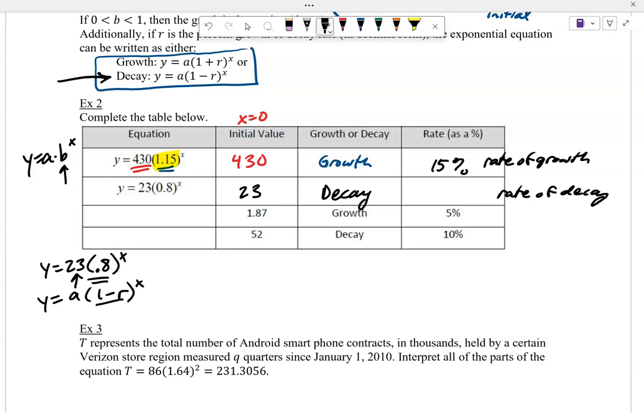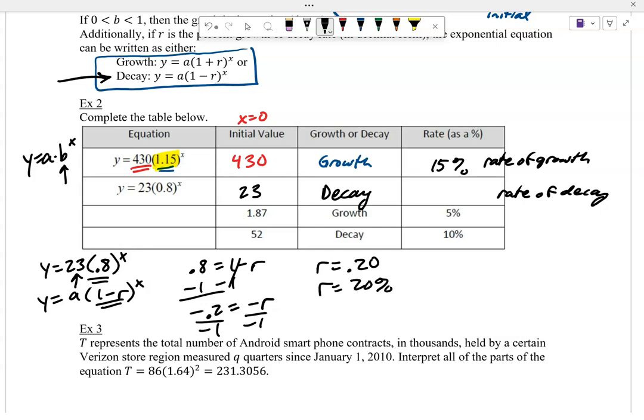So I say, well, 0.8 must equal 1 minus r. So let me subtract 1: negative 0.2 equals negative r. Divide by negative 1 on both sides, so I get a positive r equals a positive 0.2. So r equals 0.2, in other words 0.20, so 20% is my rate of decay on this.